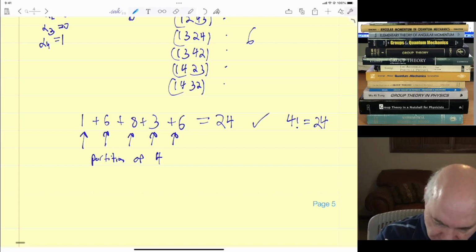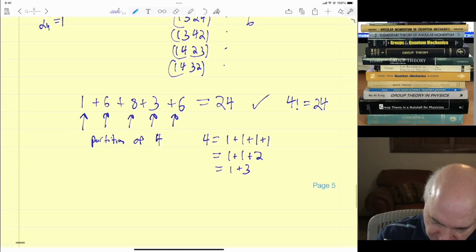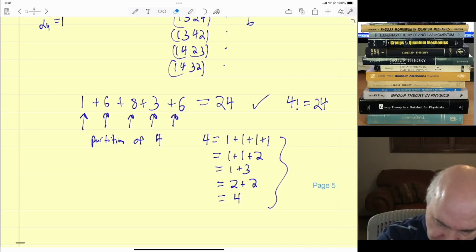So you can write 4 equals 1 plus 1 plus 1 plus 1, equal to 1 plus 1 plus 2, equal to 1 plus 3, equal to 2 plus 2, equal to 4. So these are the five partitions of the number 4.